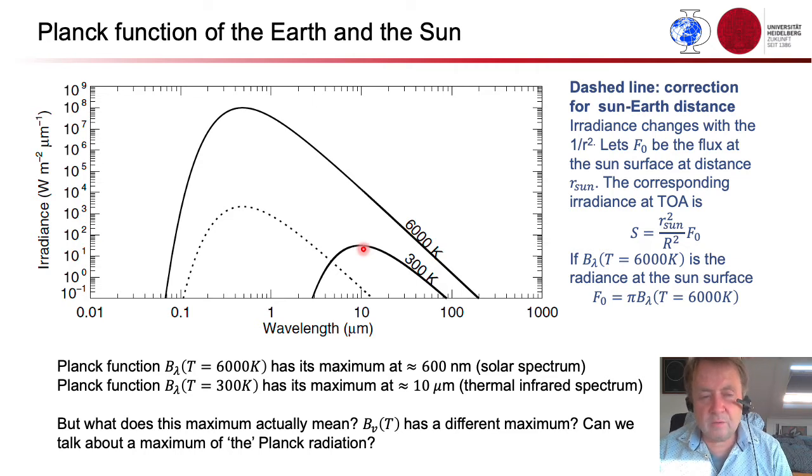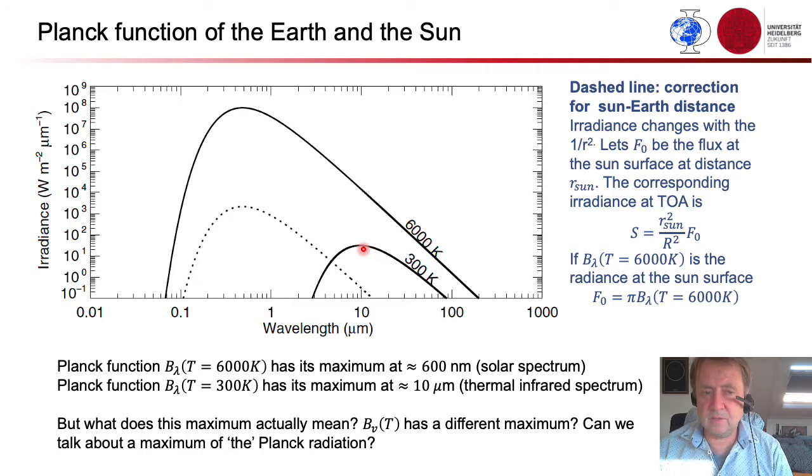So you may conclude from that figure that actually the whole emission of the Earth is completely irrelevant, particularly when we want to investigate the energy budget and climate related aspects.